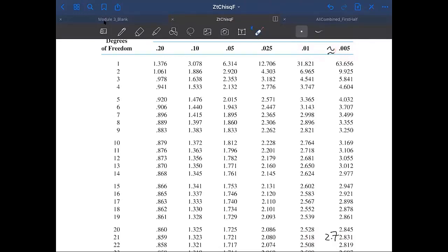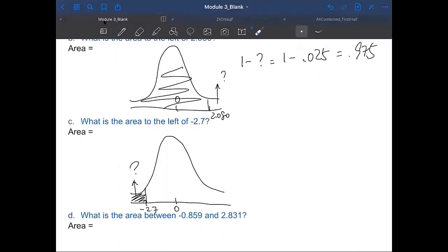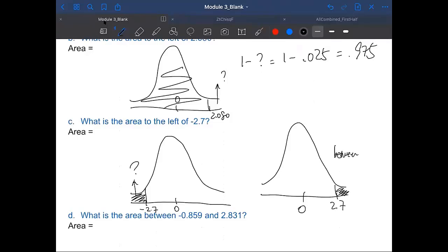Okay, I agree with what you just said. All you were saying is, if we have a 2.7 here, the area to this part is going to be between 0.005 and 0.01. But how is this going to help me with my problem here then?